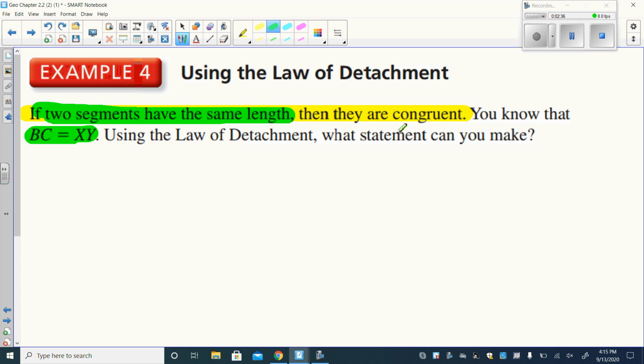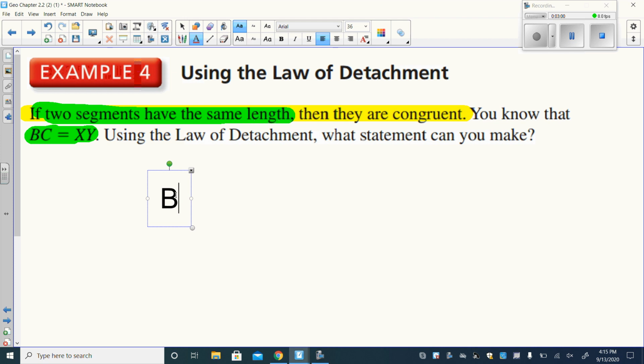Using the law of detachment, what statement can you make? Okay, so what was the hypothesis? The hypothesis for this here is if two segments have the same length, then they are congruent. Well, what did we just say here? We just said that the two segments have the same length. So therefore, it means that the two lines have to be congruent.